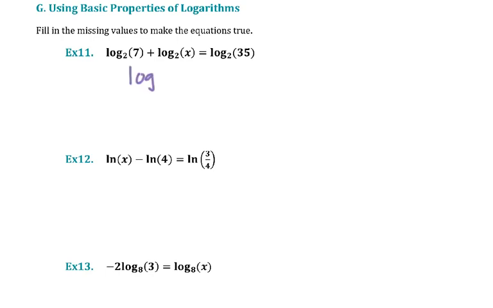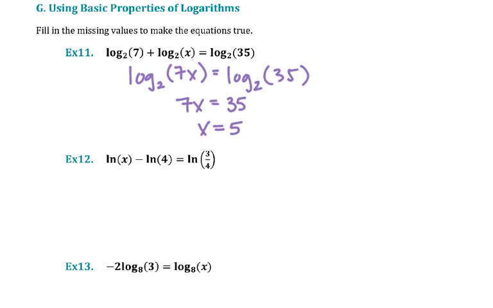We could rewrite this as log base 2 of 7 times x equals log base 2 of 35. So 7 times x, whatever's in there must equal 35. And so what we can determine here is that 7x equals 35, or rather, x must equal positive 5, because 35 divided by 7 is 5.